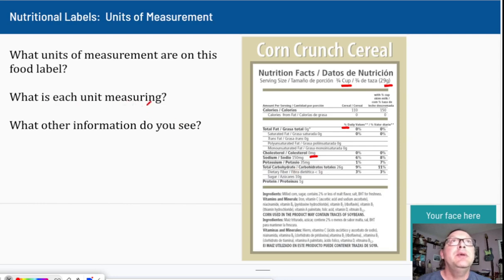What is each unit measuring? The cups are measuring a serving size, or grams. There are calories, which is a unit of energy.